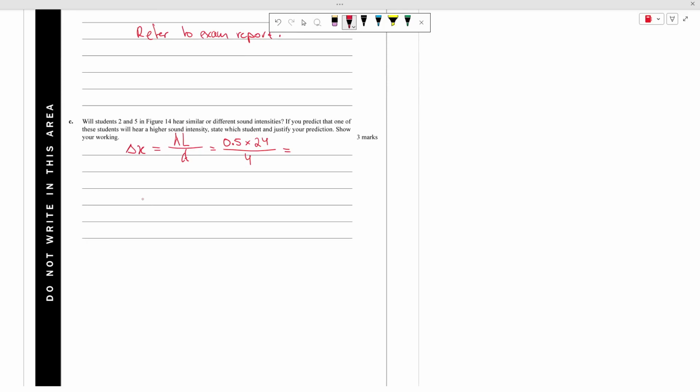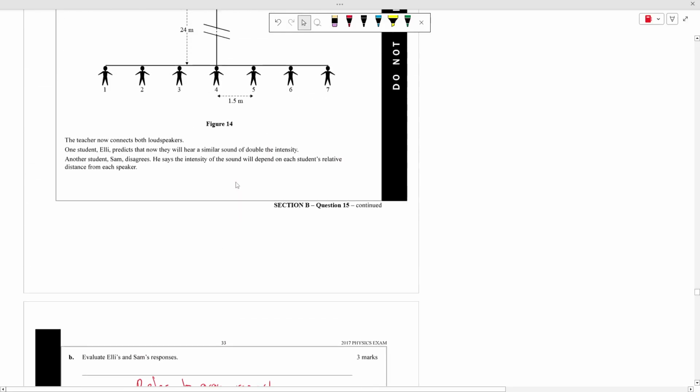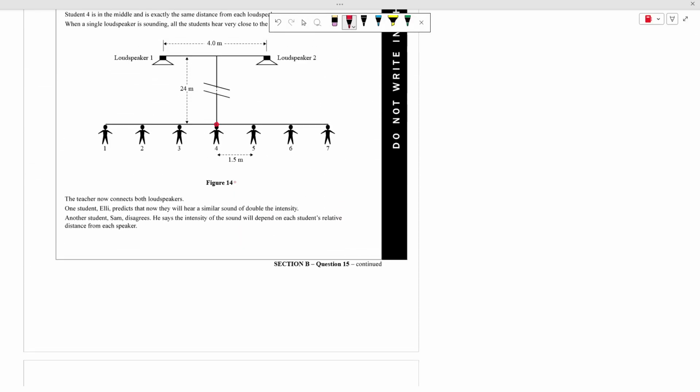Okay. So I'm not even going to use a calculator for this. 24 over 4 is 6, and then actually I'll just do 12 over 4, so that's 3. So 3 meters. Okay, so again, what is this telling us? It's telling us that if this is an antinode, which we know it is because they're equidistant from the speaker, you're on the central antinode line, then 3 meters either side of this person will be the next antinode.